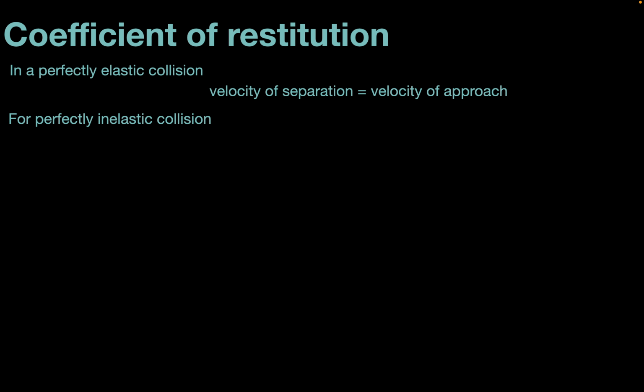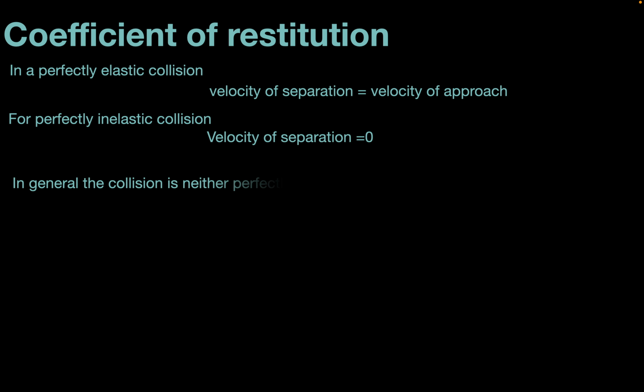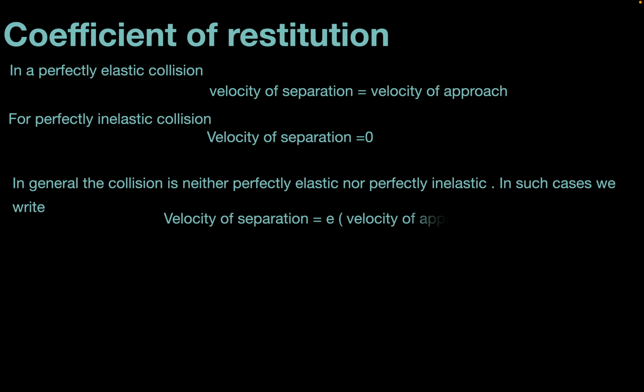For perfectly inelastic collision, velocity of separation becomes 0. In general, the collision is neither perfectly elastic nor perfectly inelastic. In such cases, we write velocity of separation equals e times velocity of approach, where e lies in the interval 0 and 1.